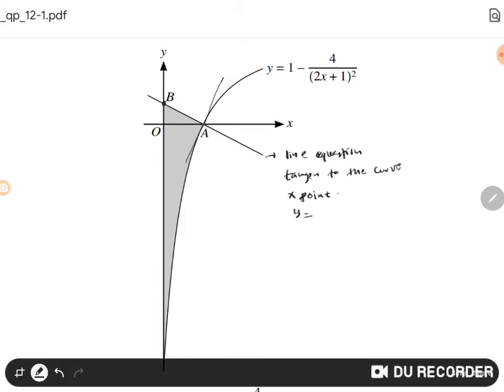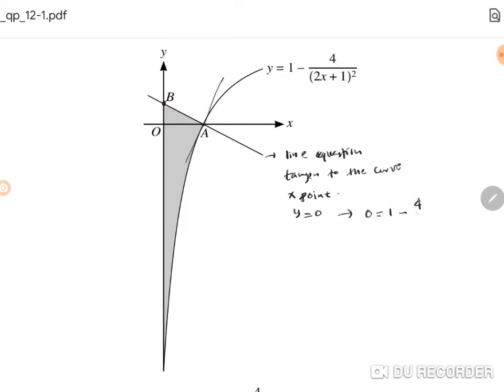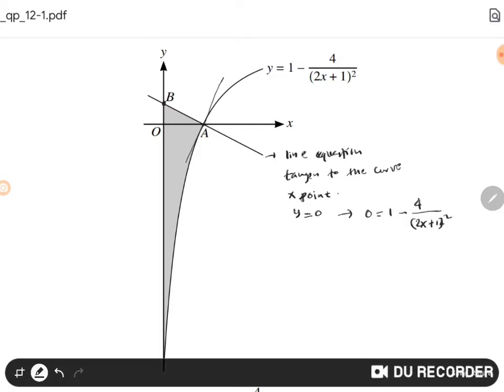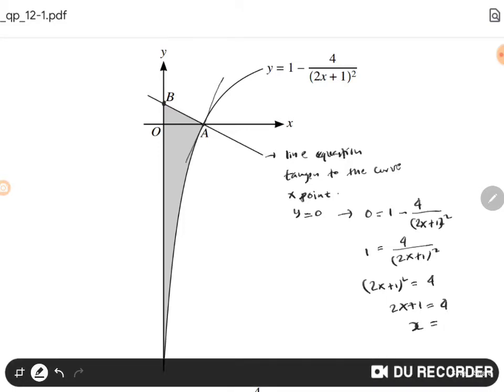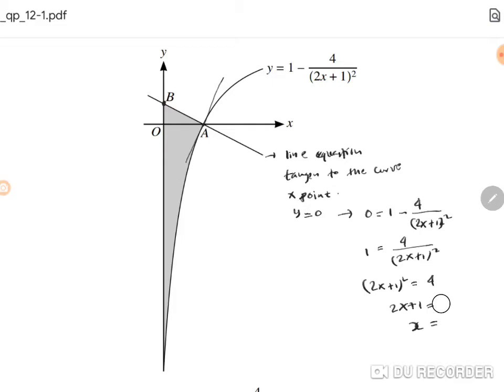In this case, we let y equal 0. So when y equals 0, to find x, we substitute: 0 equals 1 minus 4 over (2x plus 1) squared. So 1 equals 4 over (2x plus 1) squared, which means (2x plus 1) squared equals 4, so 2x plus 1 equals the square root of 4, which is 2.